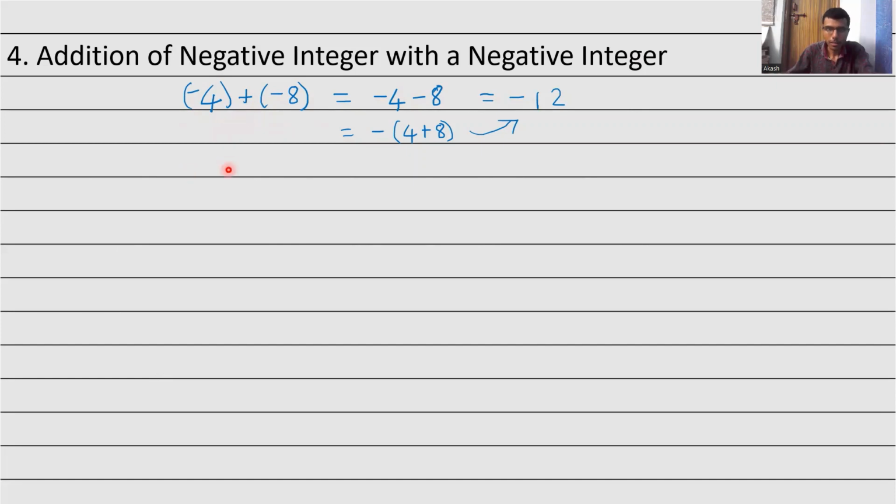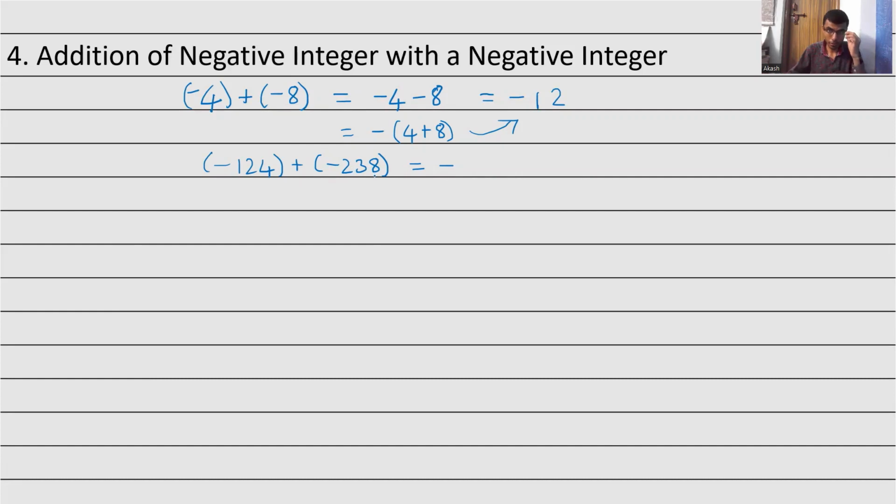Okay, so let's do some more questions before we wind up. We're almost at the end. Let's say I have minus 124 plus minus 238. Now you just put a minus sign. Whenever you see two negative signs, just put a minus sign at the beginning.